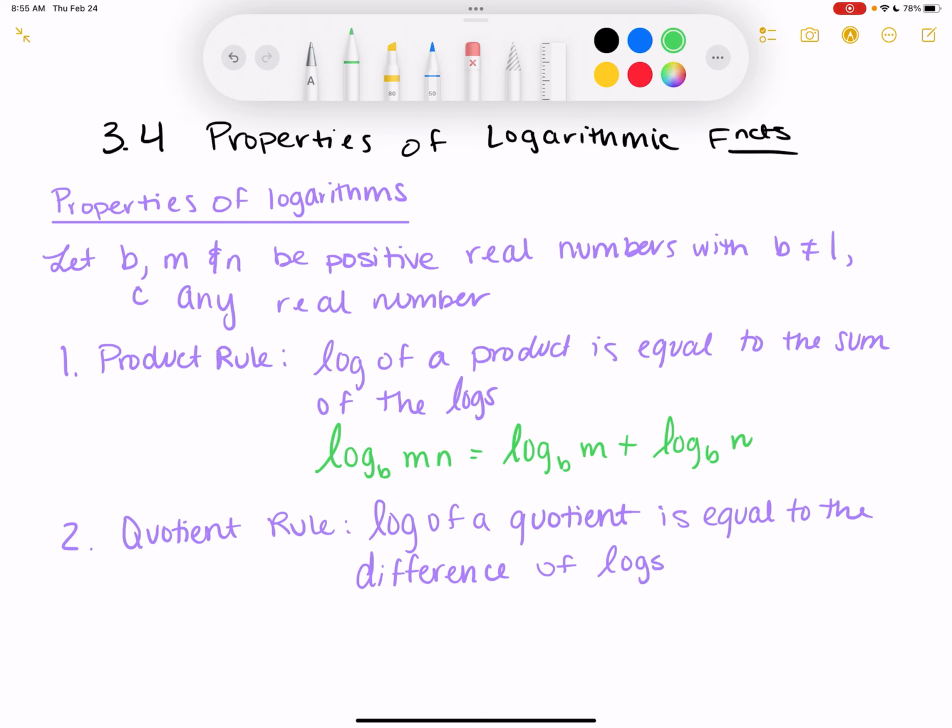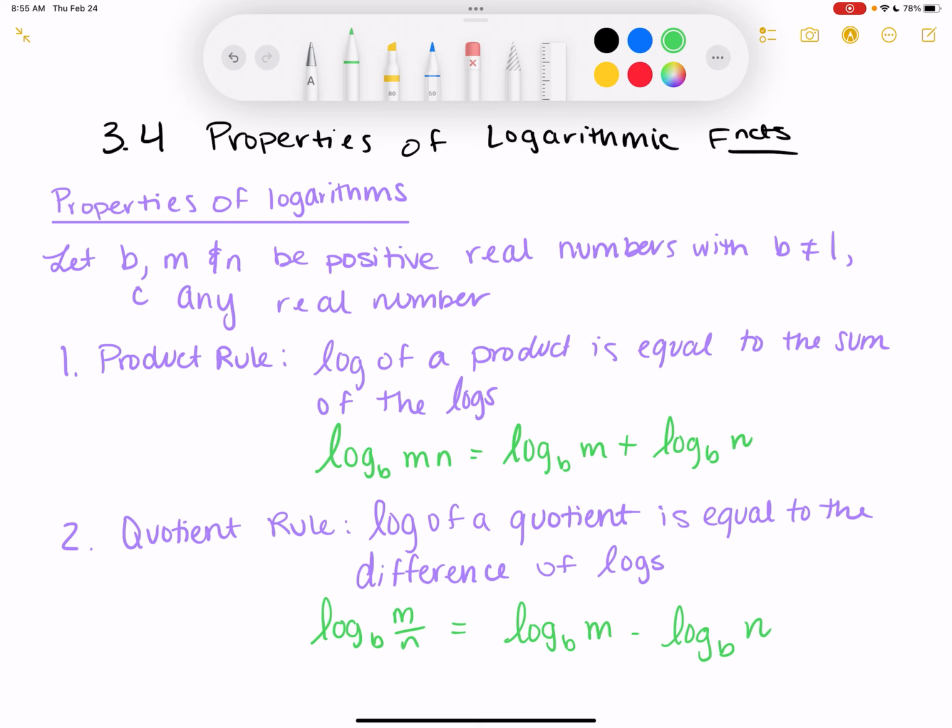So this would be like log base b of m divided by n is equal to the log base b of m minus the log base b of n. So it's always top minus bottom.